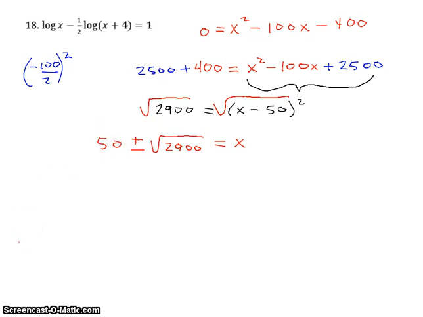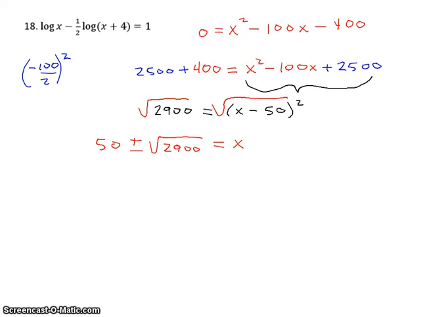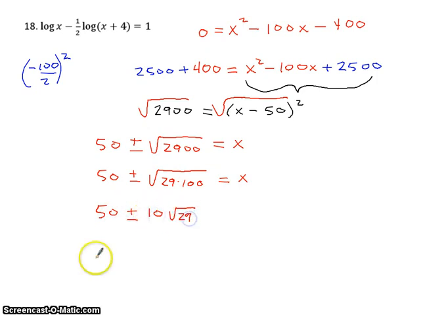Alright, so let's see if we can't simplify that square root of 2900. Alright, so we have 50 plus and minus square root of, that's 29 times 100, and the square root of 100 is 10, so that gives us 50 plus and minus 10 root 29.